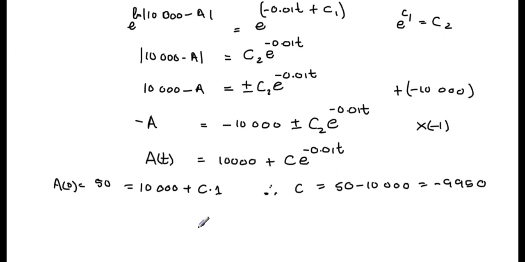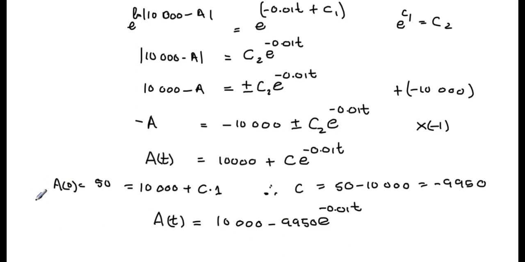So in that case, our unique solution after using the initial conditions is simply A equals 10,000 minus 9,950 e to the power minus 0.01 T. So that will be the function modeling the amount of salt in the tank.